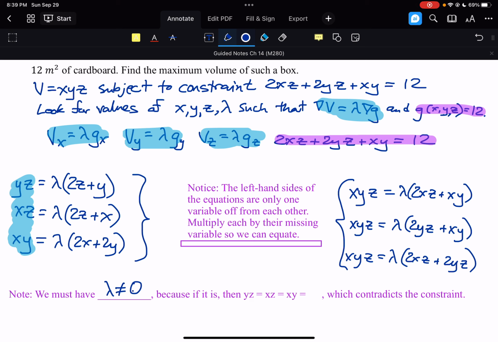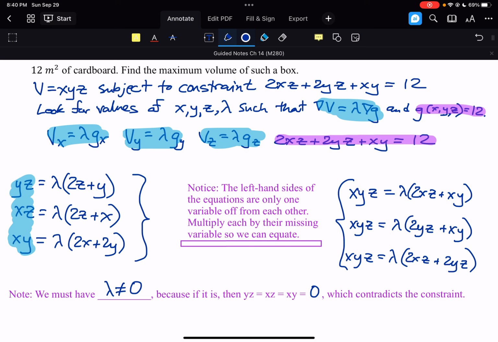So if lambda is equal to 0, then that means that xz, yz, and xy would all be equal to 0. But the constraint says that 2xz plus 2yz plus xy must be equal to 12. So we cannot have a case where all of these are 0. So lambda cannot be 0.